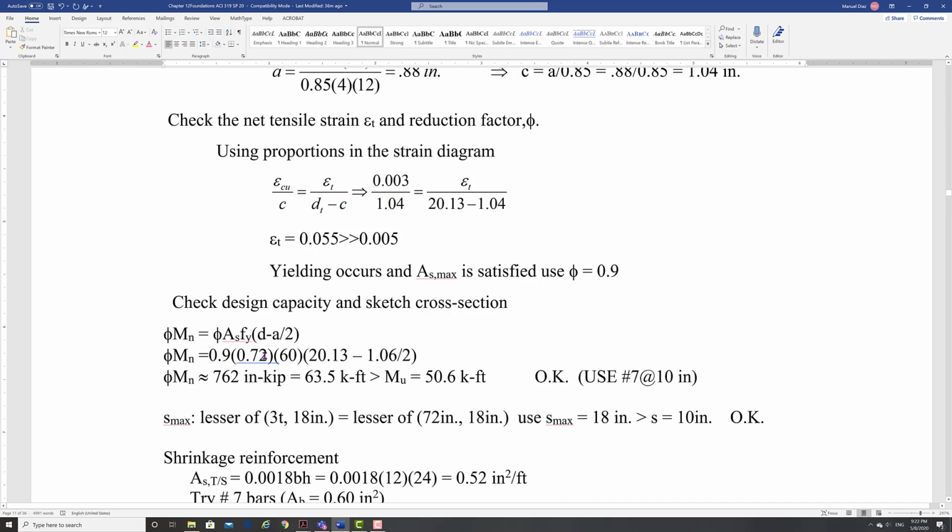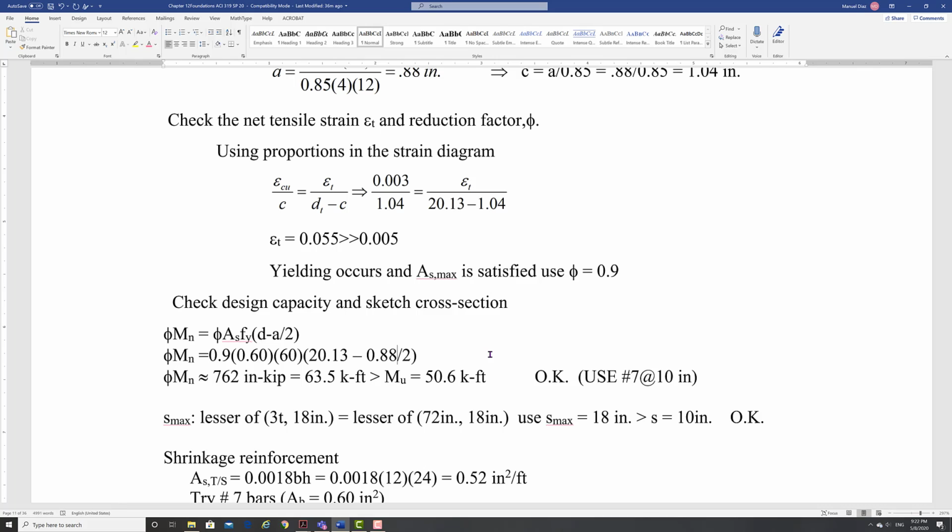Let's see what we're doing here now, because this one now we change it to 60 and this one to 0.88. So let's see the capacity is okay. So that may be the problem there.